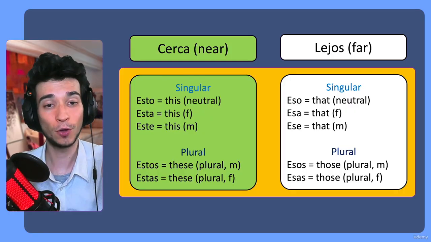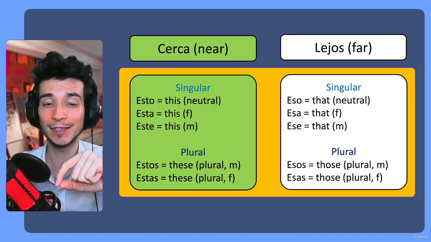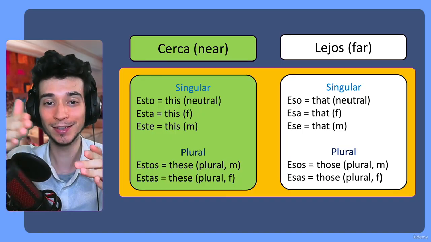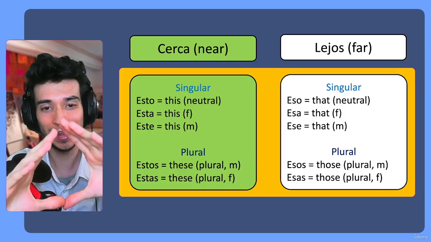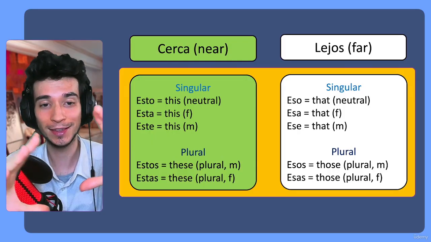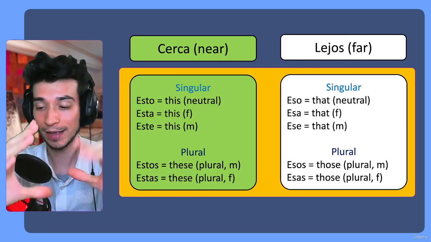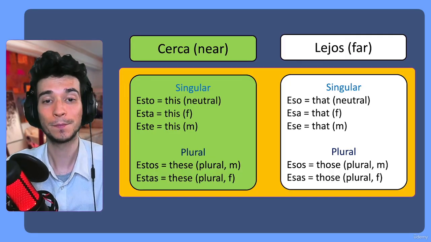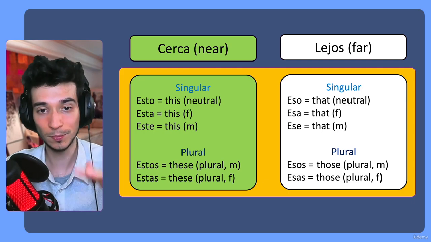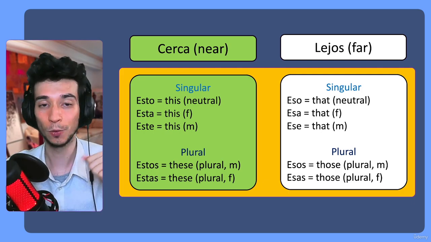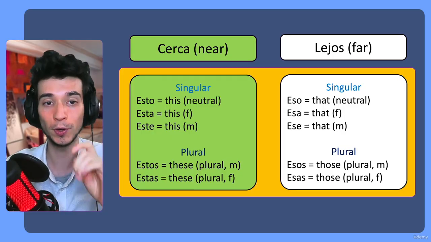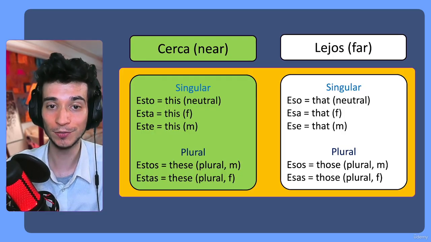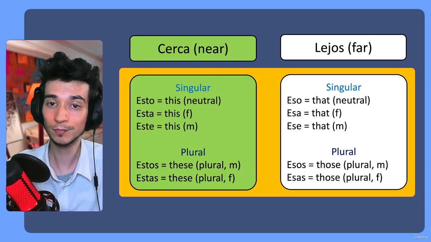And if you want to say these, but they're all female, you would say estas, which means these, but female. Estas. So yes, estos, these, masculine, plural, or mixed, or neutral. If you don't know the gender, go for estos, if it's plural, and estas, if it's plural and female.